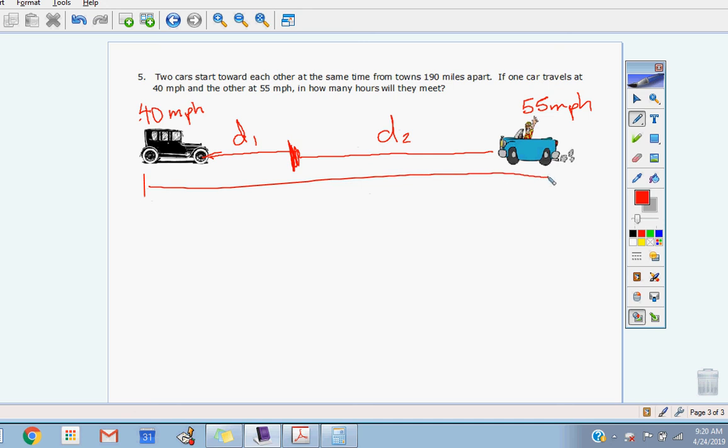But where did they start? The problem said they started 190 miles apart. So again, it's distance 1 plus distance 2 equal to 190. So then we do rate 1 times time 1 plus rate 2 times time 2 equals the 190. The rate of car 1 was 40.